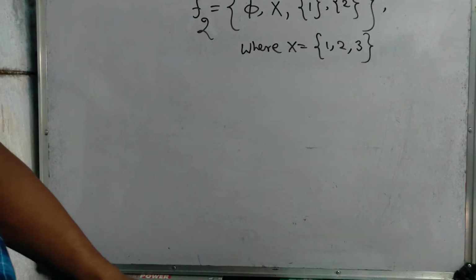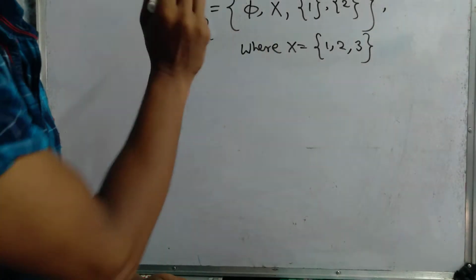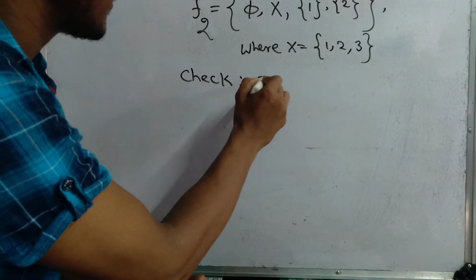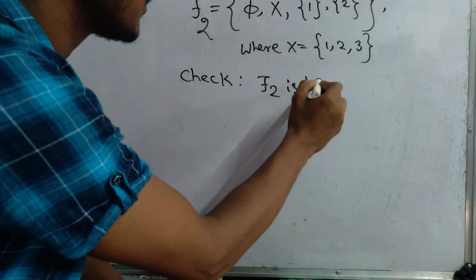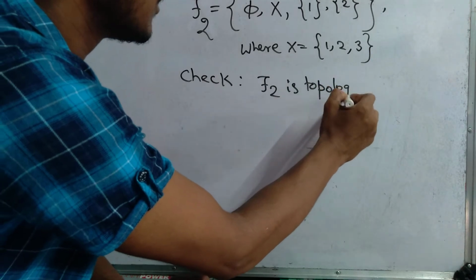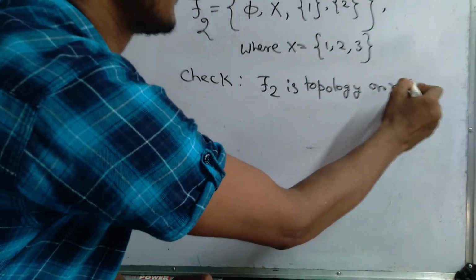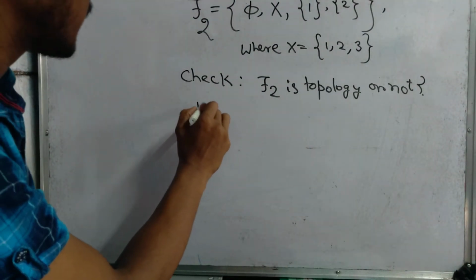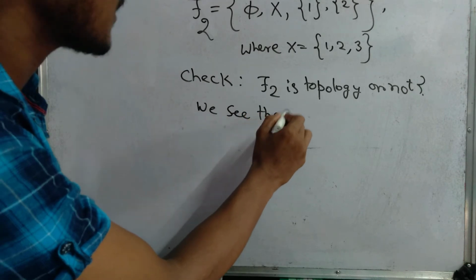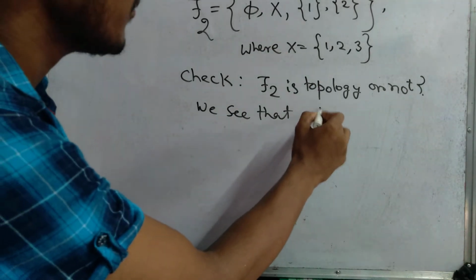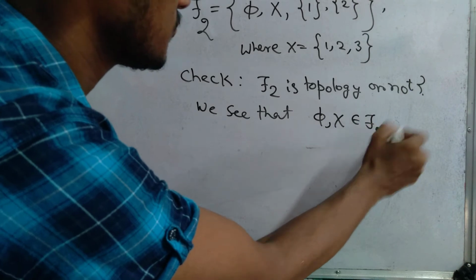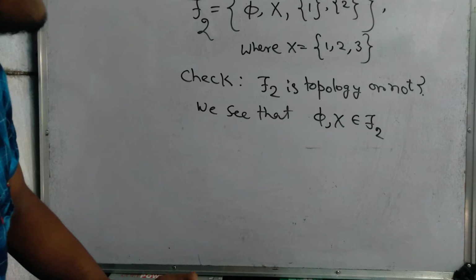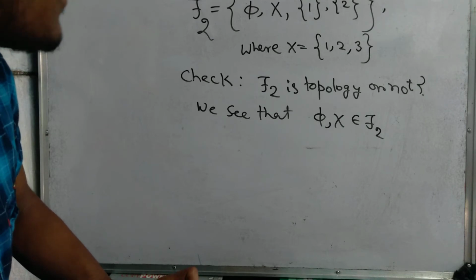Now we check whether this one is a topology or not. Check whether tau 2 is a topology or not. First we observe that phi and X belong to tau 2. But something is a problem here.